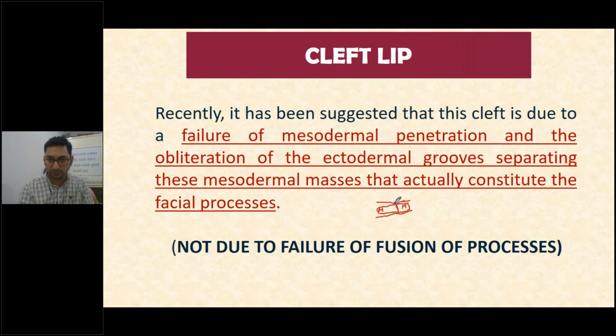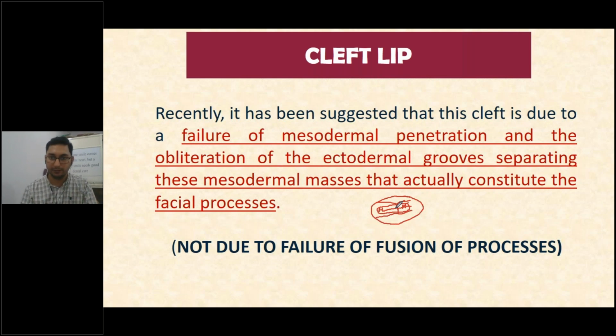This is a groove, this is a groove. Failure of penetration of these grooves by the mesoderm of that process from one side to the other side. So that is the actual reason. It is not the failure of fusion of processes, right? It is the failure of penetration of these grooves by the mesodermal masses that you need to understand.